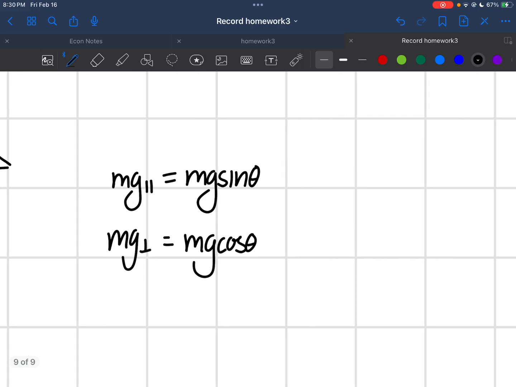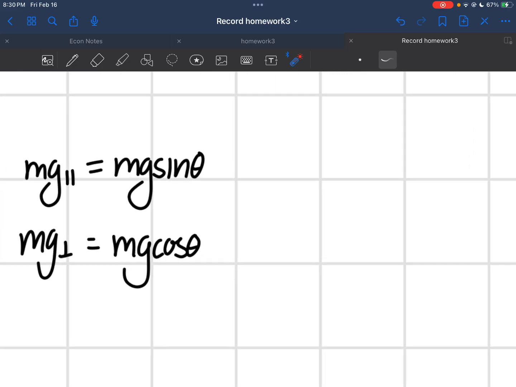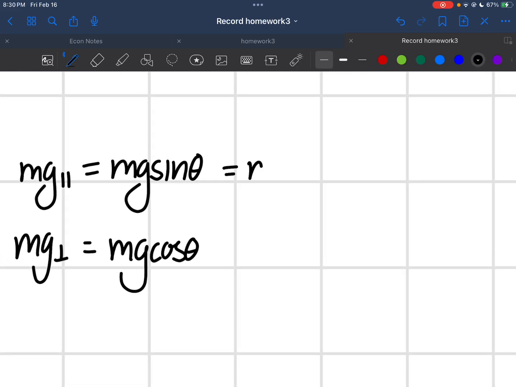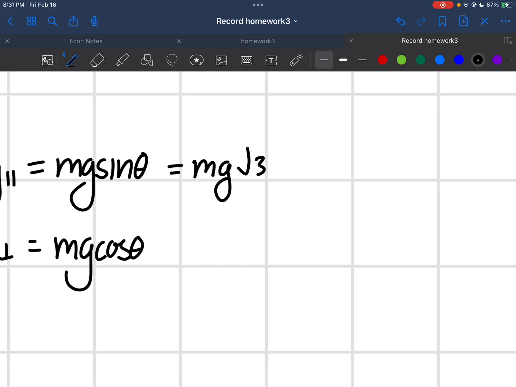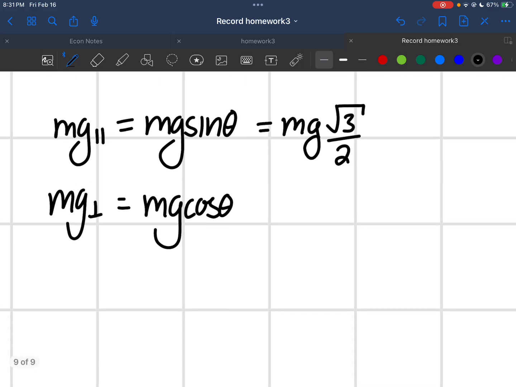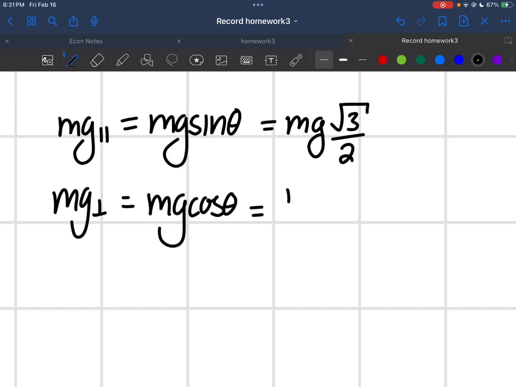Again, this theta is actually 30 degrees, so we can get some values for that. It tells me this is going to be mg times root 3 over 2, and this one's going to be mg over 2.